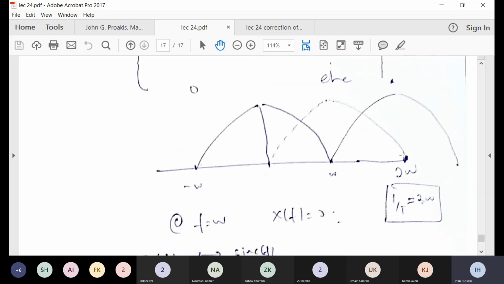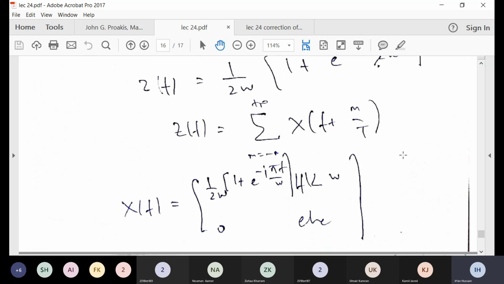So what is the signal? You can see the signal in the frequency domain is 1 over 2W with a width of 2W, high value is 1 over 2W, and then another signal, again width 2W, but its magnitude is 1 over 2W, while phase is e to the minus j pi f over W.